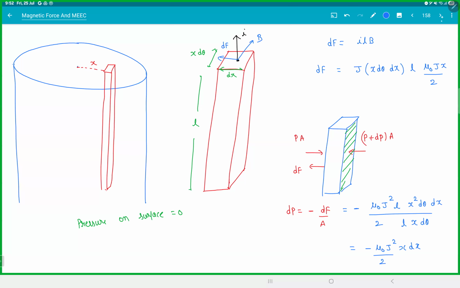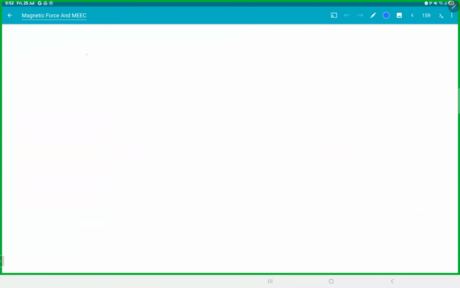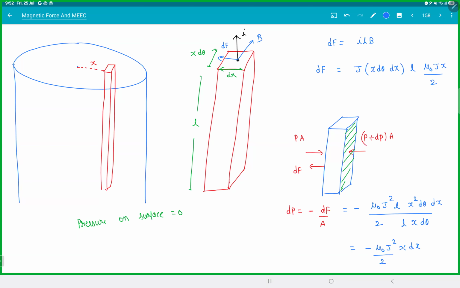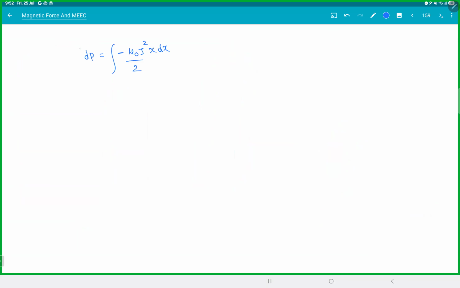Yeah, so integrate this. Limits: x will go from r to x, and P will go from 0 to P. Be careful, pressure is 0 at x equal to r. So we get pressure equal to μ₀ J² by 4 times (r² minus x²). This is the pressure on the surface.